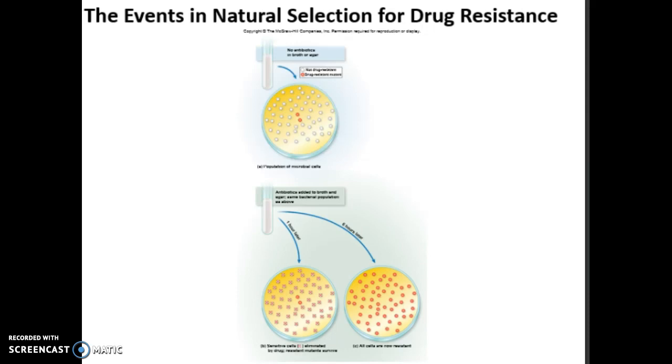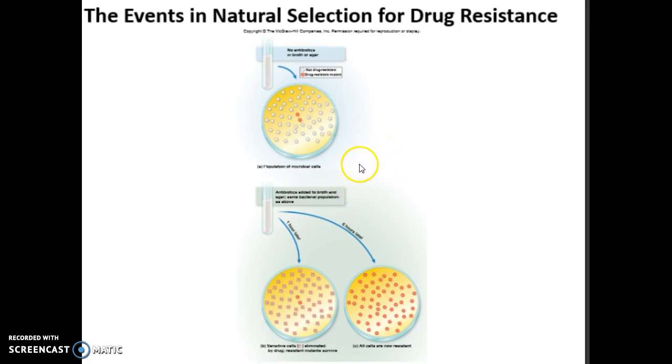And they are grown on the surface of a petri dish. And the white colonies here are the colonies that are made up of bacteria that are sensitive to the drug. And then the red colonies, these two, represent bacteria that are actually resistant to an antibiotic.